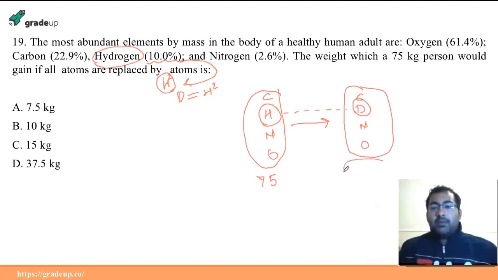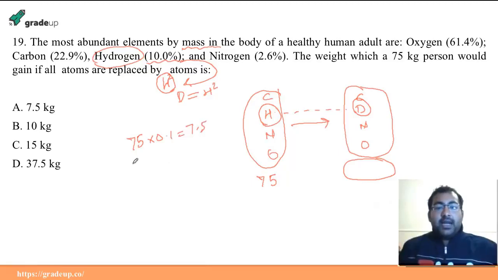So what will be the mass of this person now? You know that 10% of body mass was hydrogen, 10% of body mass, not moles. So 10% of 75 kg will be 7.5 kg. 7.5 kg of the mass was made by hydrogen, and now I am replacing this hydrogen with deuterium.